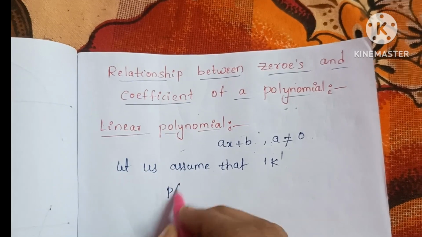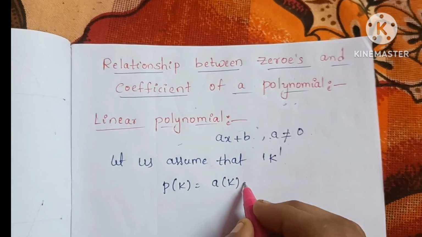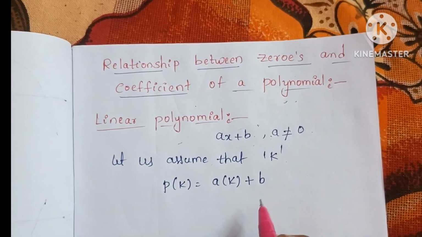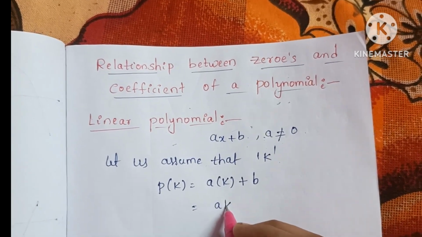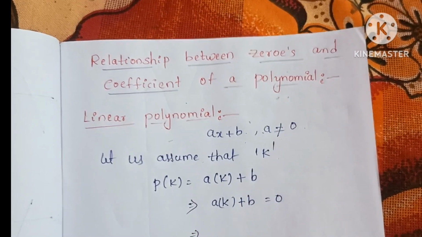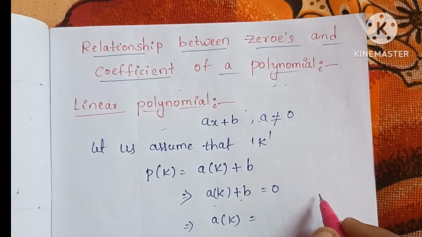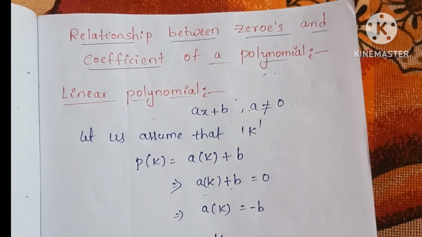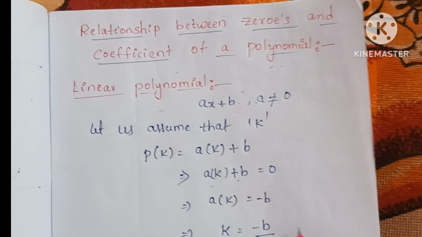Now p of k equals a into k plus b. When I equate it to 0, a into k plus b equals 0. Now a into k, the plus b is transposed to that side, so minus b. Now what is the k value? Minus b by a.